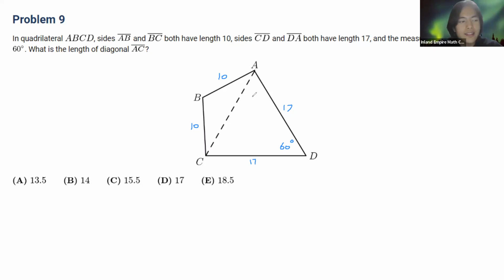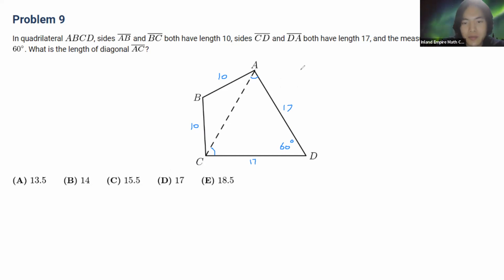The second fact is that whenever you have an isosceles triangle, two of the angles are always going to be equal. In this particular triangle, triangle ACD, since side AD and side CD are both equal to 17, these two angles must be the same. They have the same angle measurement.